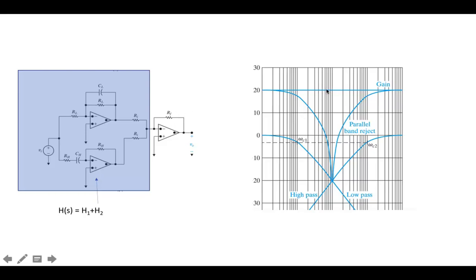The effect of the gain is it takes what would have been a sum that looked like this, and it multiplies the whole curve by the gain, in this case 20 dB. So the curve is going to shift up. Everybody's going to shift up. So in the passband portions, we would have 20 dB at low frequencies, 20 dB at high frequencies, and then in the middle we have this band reject region.